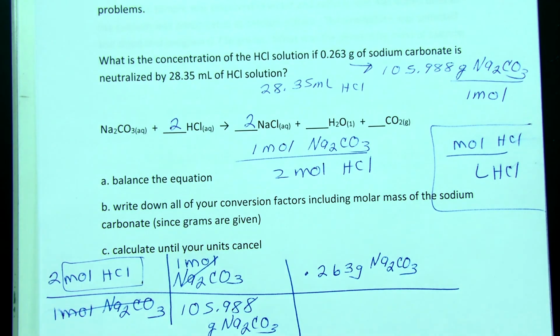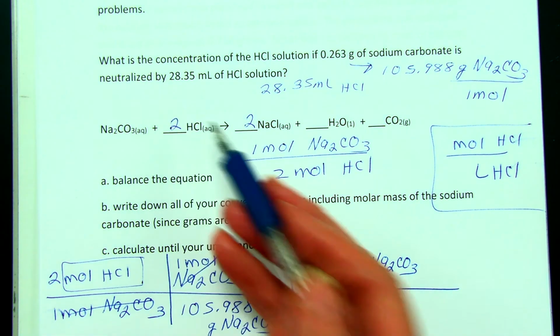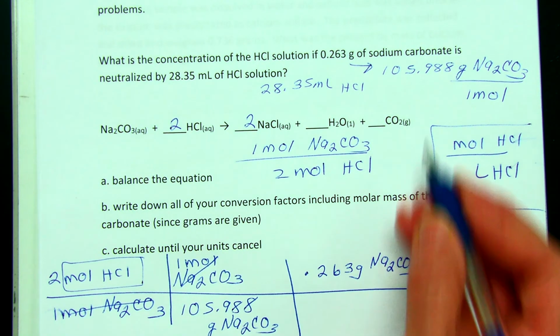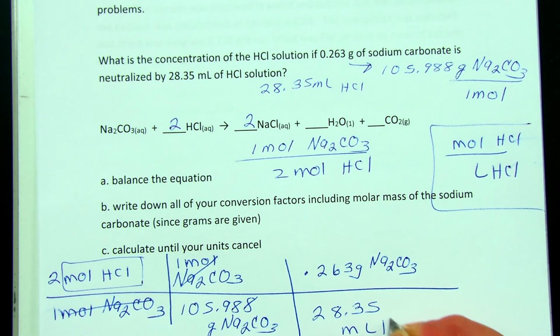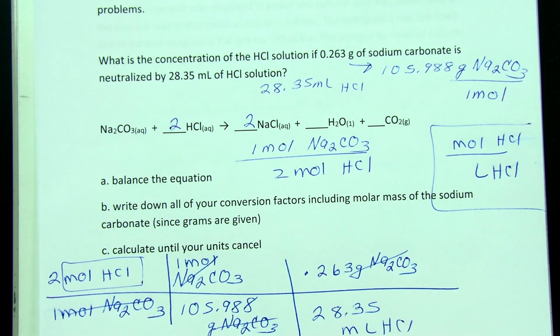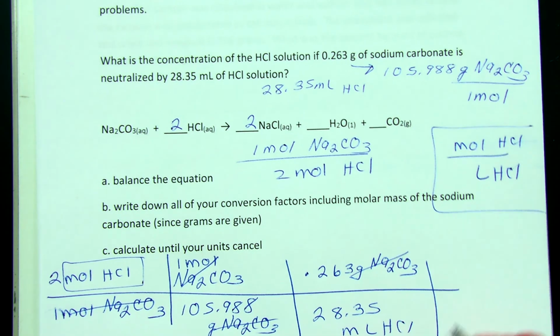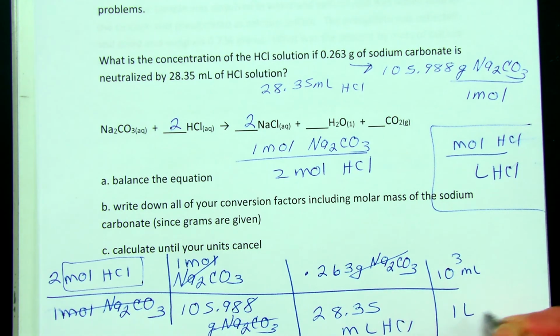And one group said, well, we like to think of them going together. So if you wanted to put this milliliters on the bottom here, you can. This many grams of sodium carbonate reacted with 28.35 mils of HCl. So now I've canceled my grams and I have milliliters on the bottom and I want liters on the bottom. So 1,000 milliliters is 1 liter.